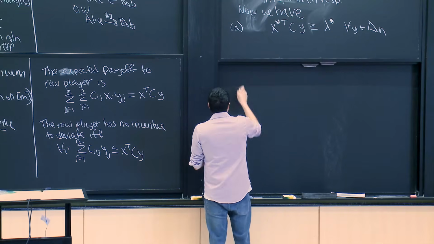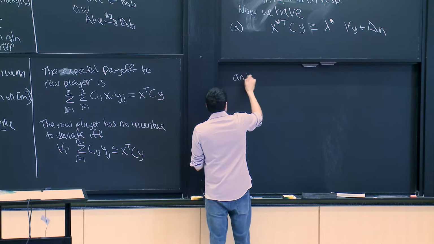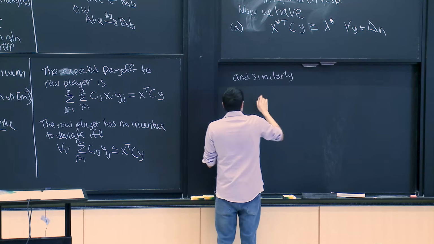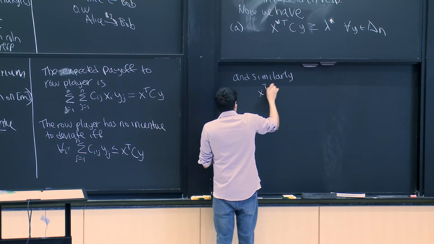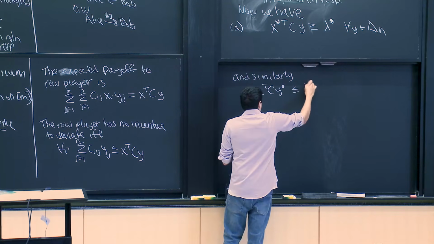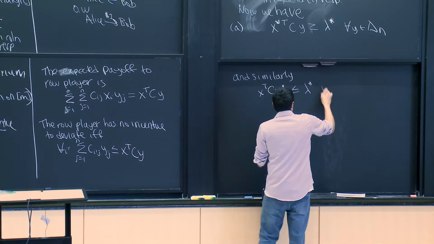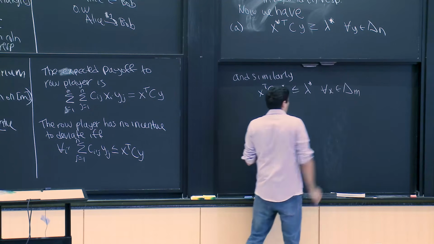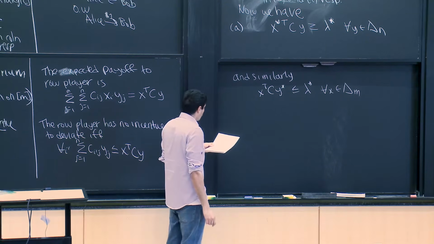And similarly, we can do the same thing the other direction. x transpose C y star is at most lambda star, and this holds for all x that belongs to this distribution on m things, right?